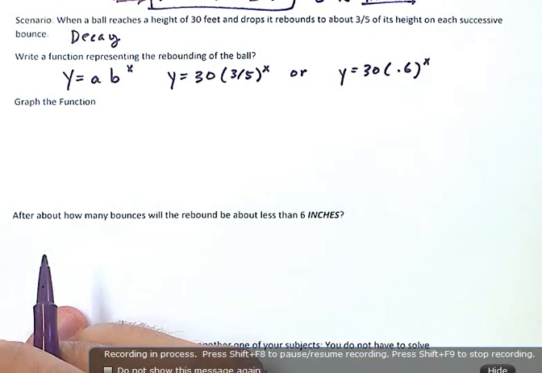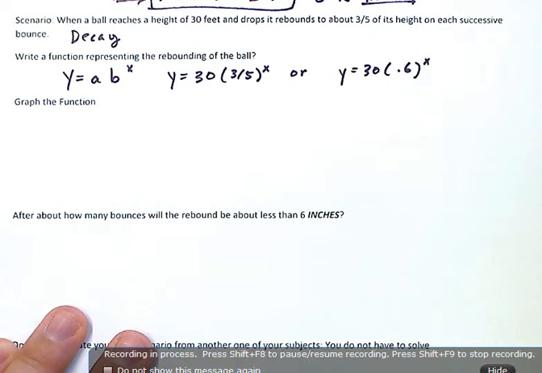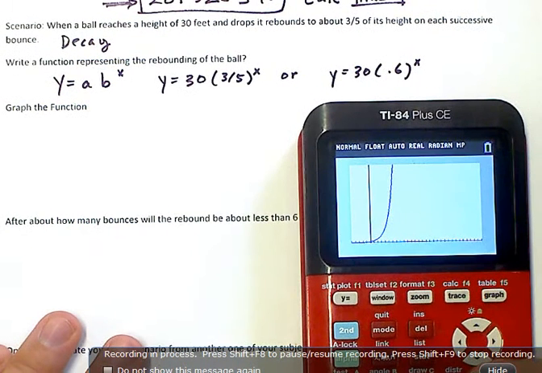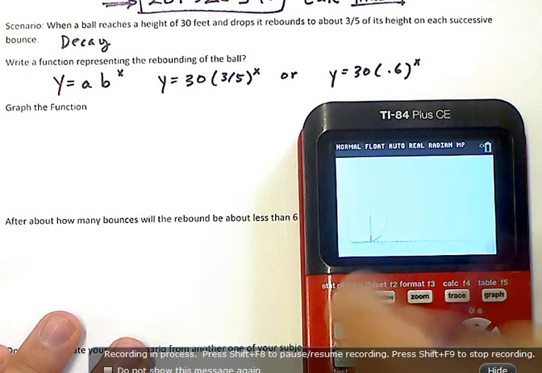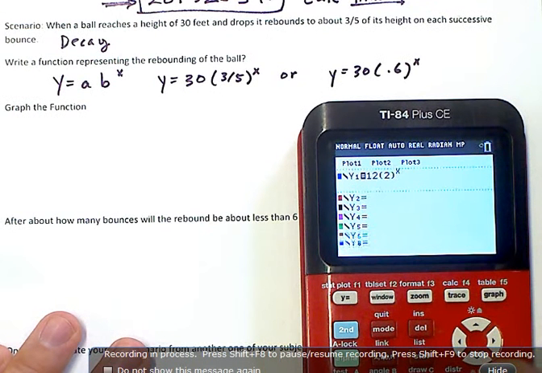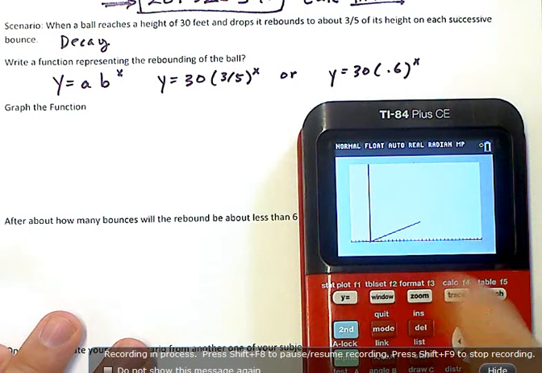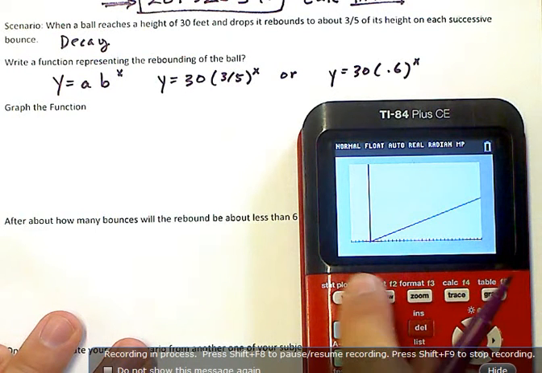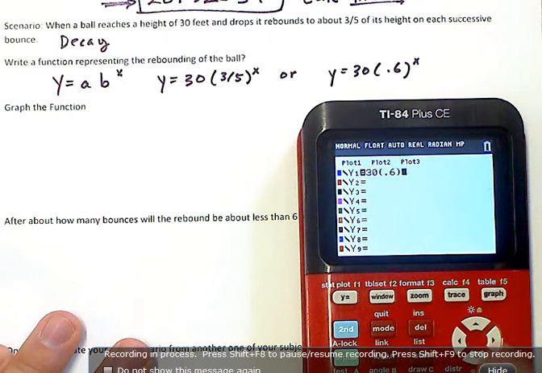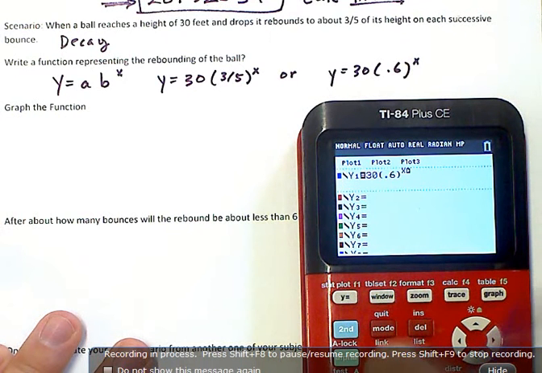Okay. Now when I'm graphing this function, all of the same things take place here. I'm going to go 30, 0.6, and then, the mistake I made there is I did not make it an exponent. So let's climb this up, climbing up the ladder.